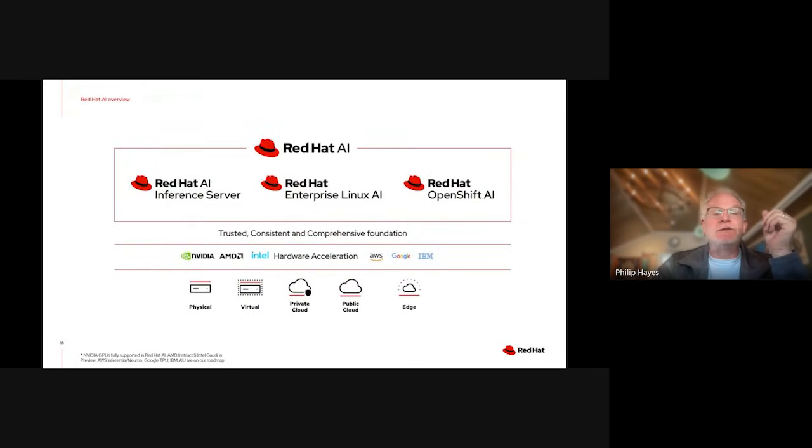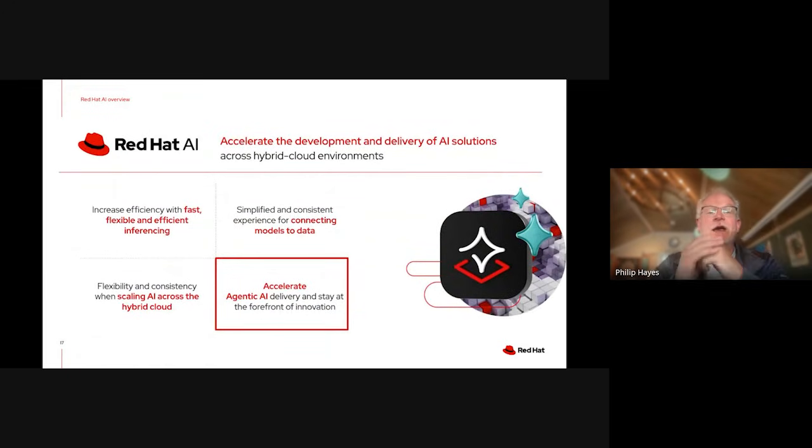All right, so at a high level, you can see the Red Hat AI options here. We look to accomplish our mission of accelerating the development and delivery of AI solutions by focusing on four pillars. They all work together to solve the industry's biggest challenges and the trillion-dollar question of the market: how do I make AI work for my enterprise?